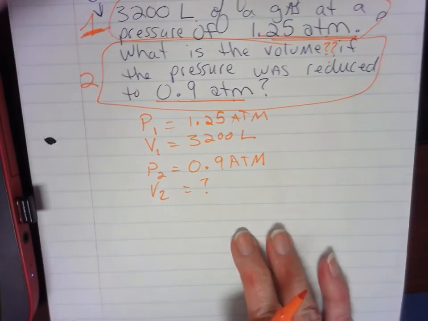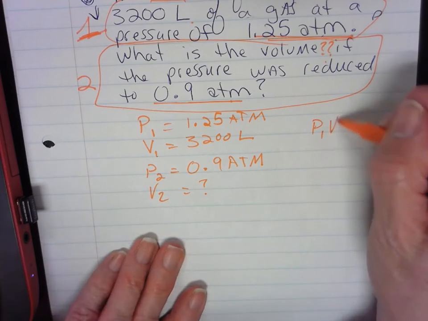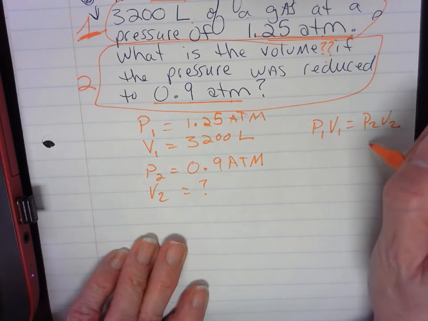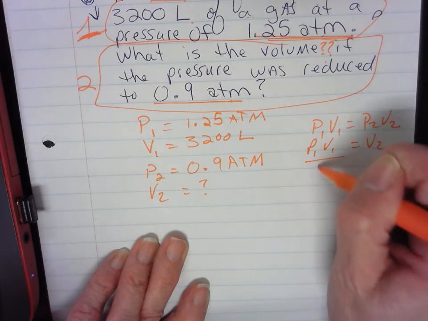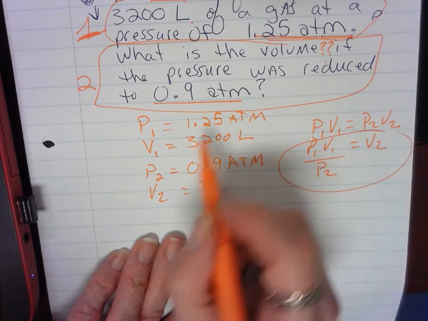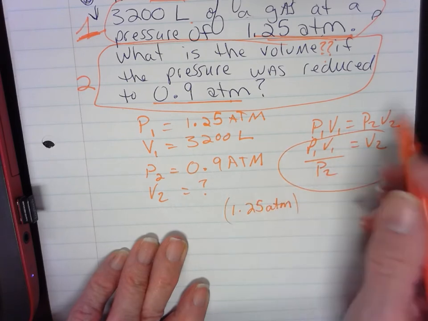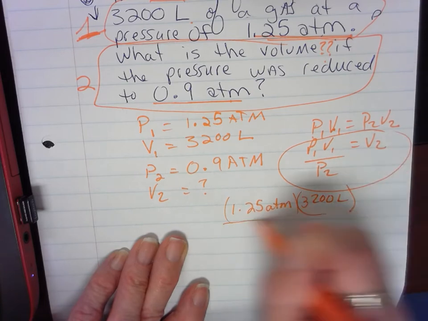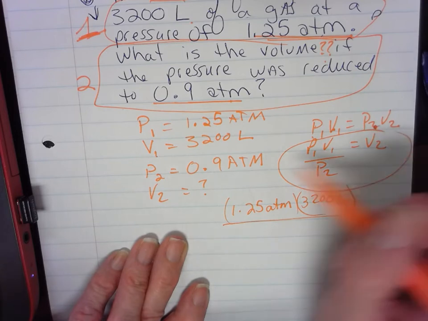Okay, so the formula, you're not memorizing the formulas. The formulas are given to you. P1 V1 equals P2 V2. So if you're solving for V2, it's going to be P1 V1 divided by P2. Okay, so my P1 is 1.25 atmospheres. My volume 1 is 3,200 liters, and I'm going to divide that by my P2, which is 0.9 atmospheres.